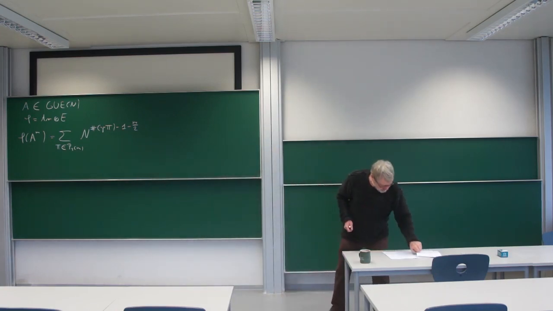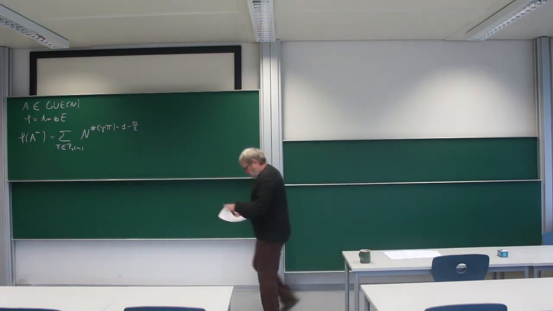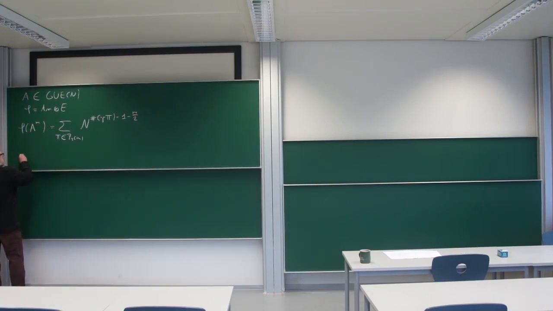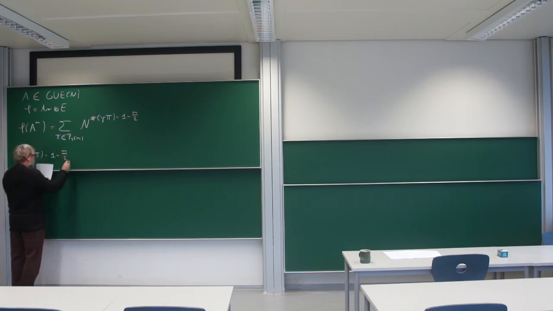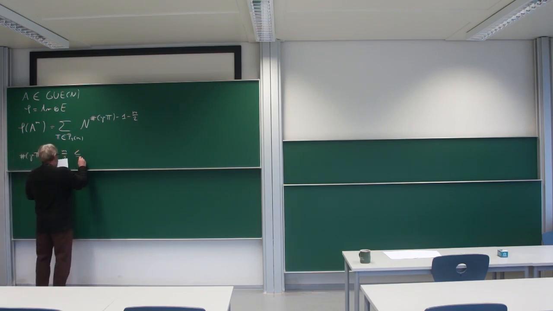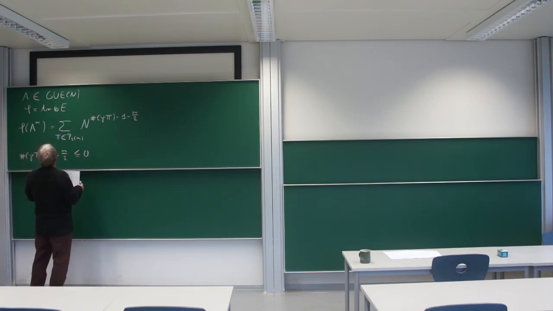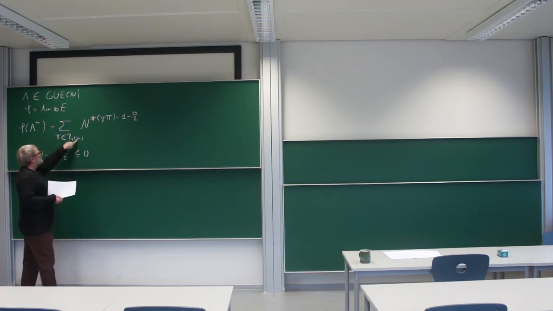Let me also recall the idea of the proof from last time. Namely, this exponent of n, the number of cycles of gamma pi minus 1 minus m over 2, is always less or equal to 0. The whole thing only makes sense if m is an even number, because otherwise there are no pairings.